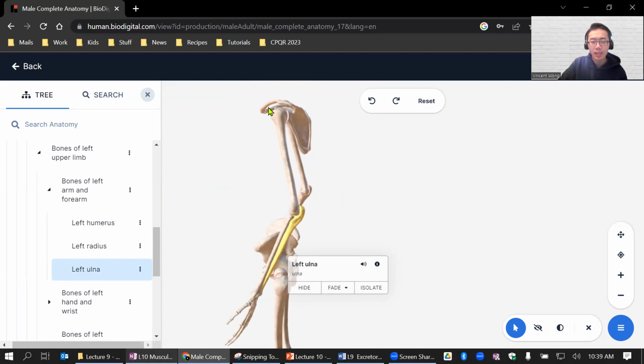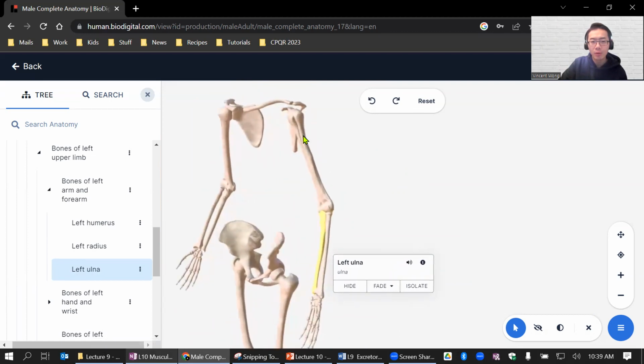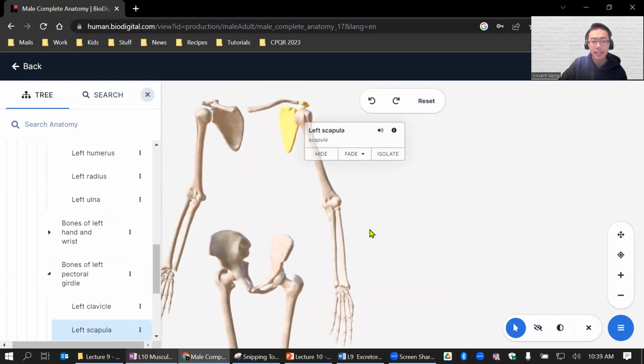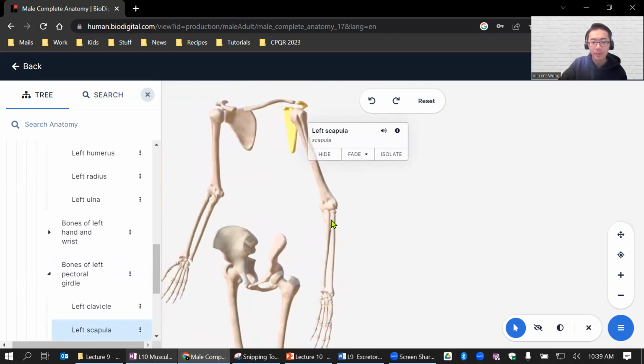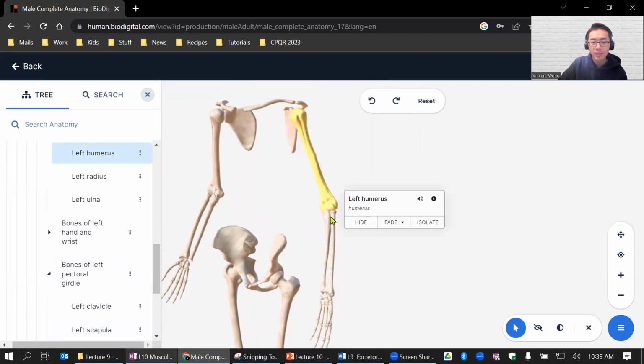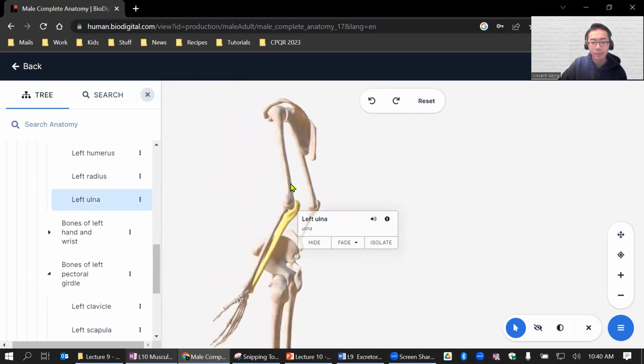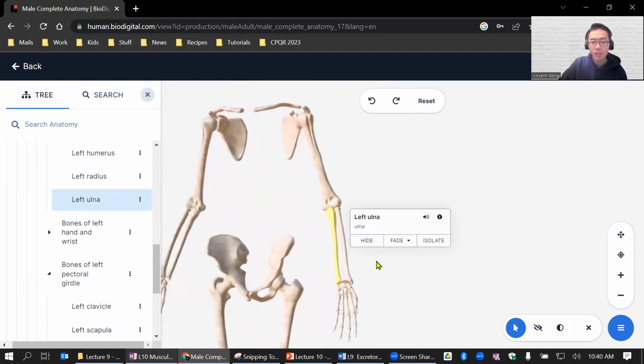So ball and socket at the top here between the humerus and the scapula, and then a hinge joint here at the elbow between the humerus and the ulna, which is right here. Radius is on the outside, it's the lateral one, and the ulna is the inside one.